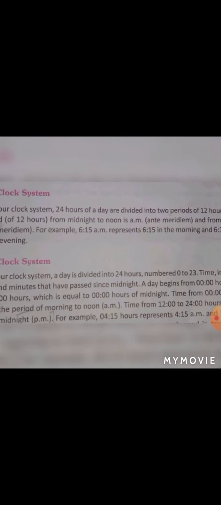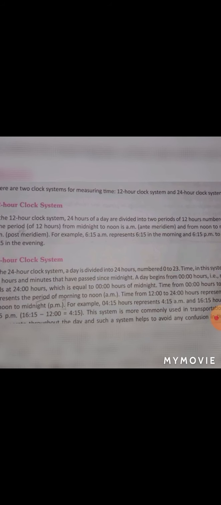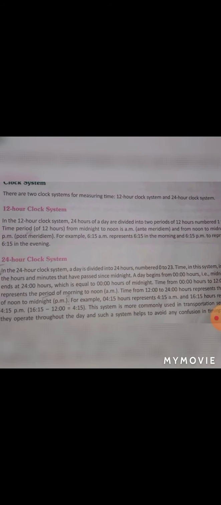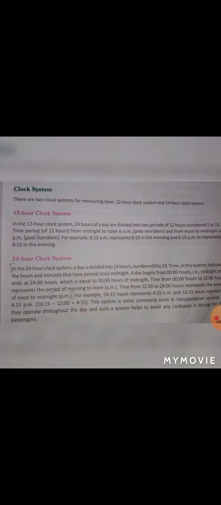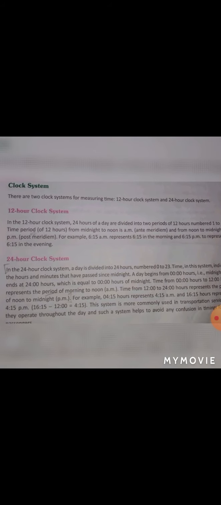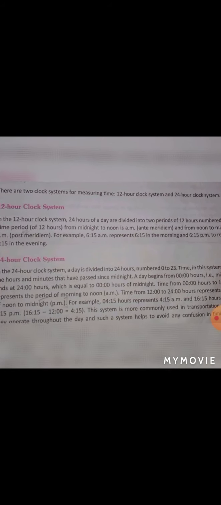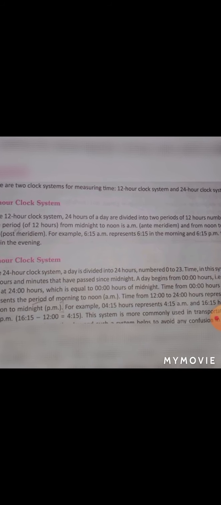Now, clock systems. There are two clock systems for measuring time: 12-hour clock system and 24-hour clock system. In the 12-hour clock system, the 24 hours of a day are divided into two periods of 12 hours numbered 1 to 12.